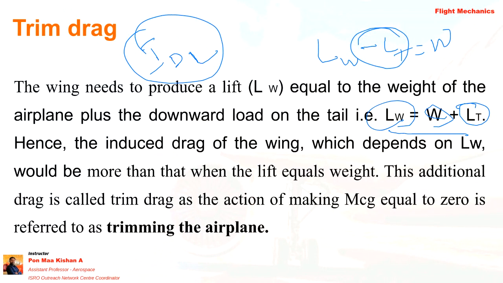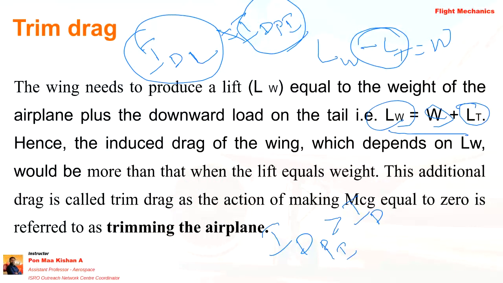In that case, the induced drag increases with the pitch moment. So it is not equal to each other. Instead, there is an increase in induced drag. Induced drag during pitch up will be greater than the induced drag during level flight.